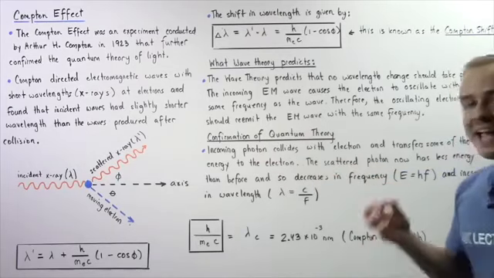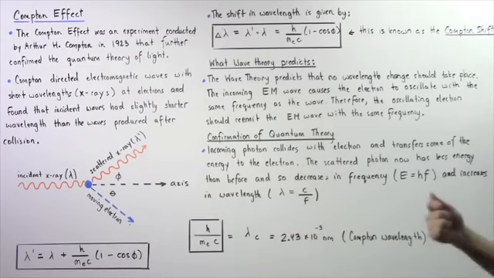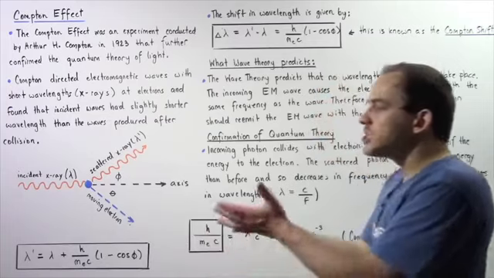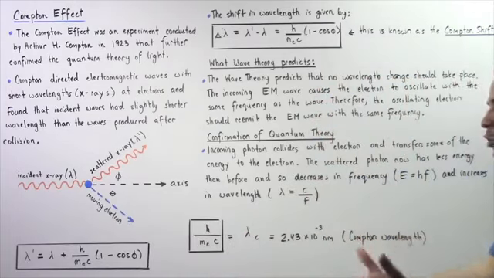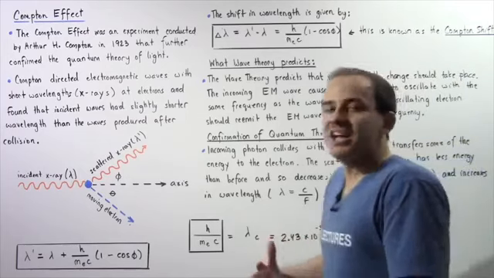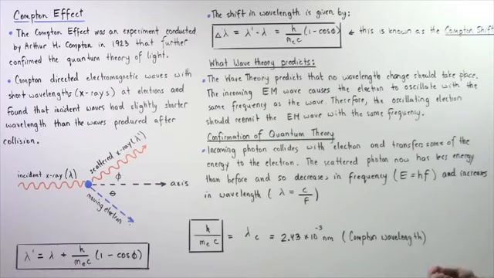So an incoming photon collides with that stationary electron, and that collision transfers some of the energy within the photon to that electron. The electron gains kinetic energy and begins to move with some velocity.